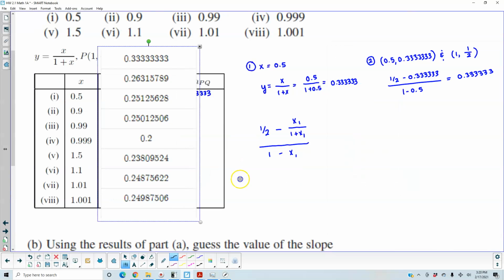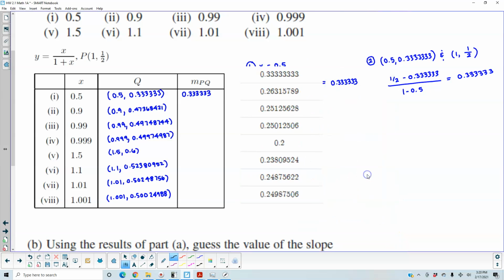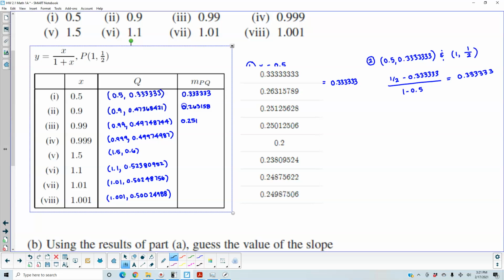Remember that we need to round this to 6 decimal places. So this slope is 0.263158. This slope here is 0.251256.